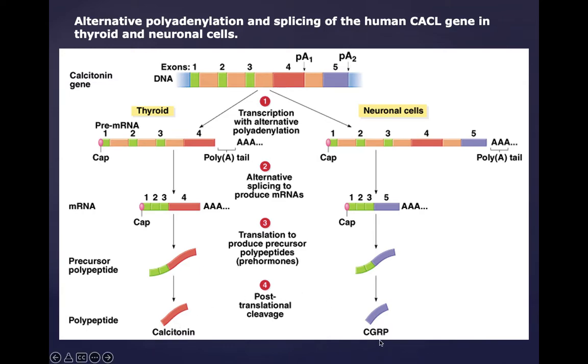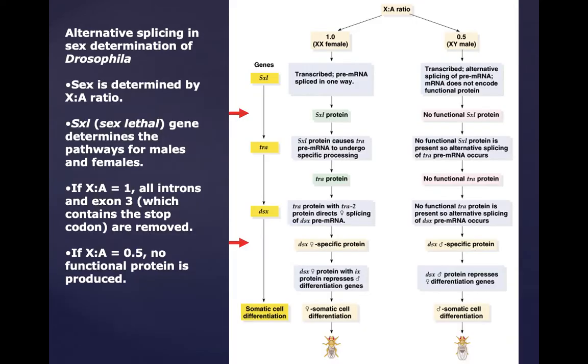So we call it calcitonin gene-related peptide. That's how varied genes can be regulated, with splicing and polyadenylation as important mechanisms.